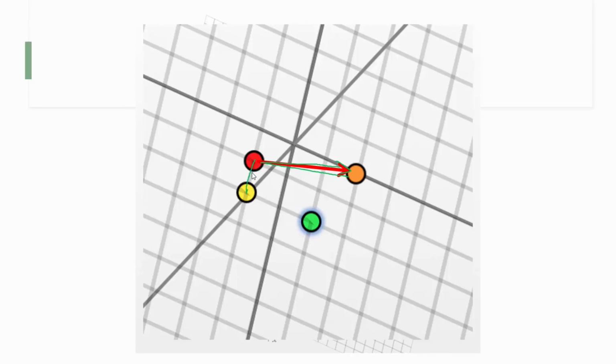Ang mangyayari is, mag-move muna siya to the x. So, nangyari, ito yung 1, negative 1, 0. Ito ay 2, 1, 3. Mag-move muna siya to the x. So, ayan. Mag-move muna siya to 2, negative 1, 0. Mag-move siya sa 2, 1, 0. Then, saka siya mag-move from 2, 1, 0 to 2, 1, 3.